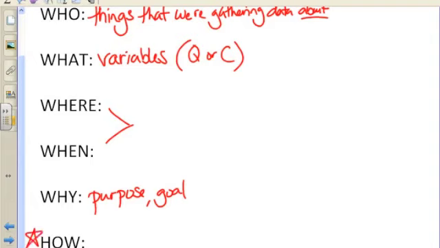This will become very important later on. So I really mean, how did we get the data? I know that may seem strange to be important now, but later on, the how will tell us what we can and cannot do with our data. So those are our 6 W's.